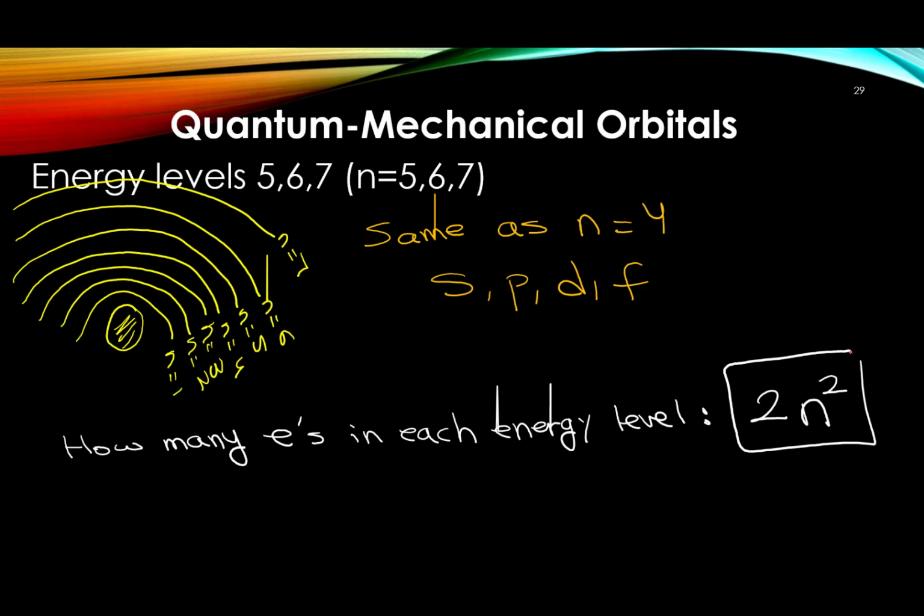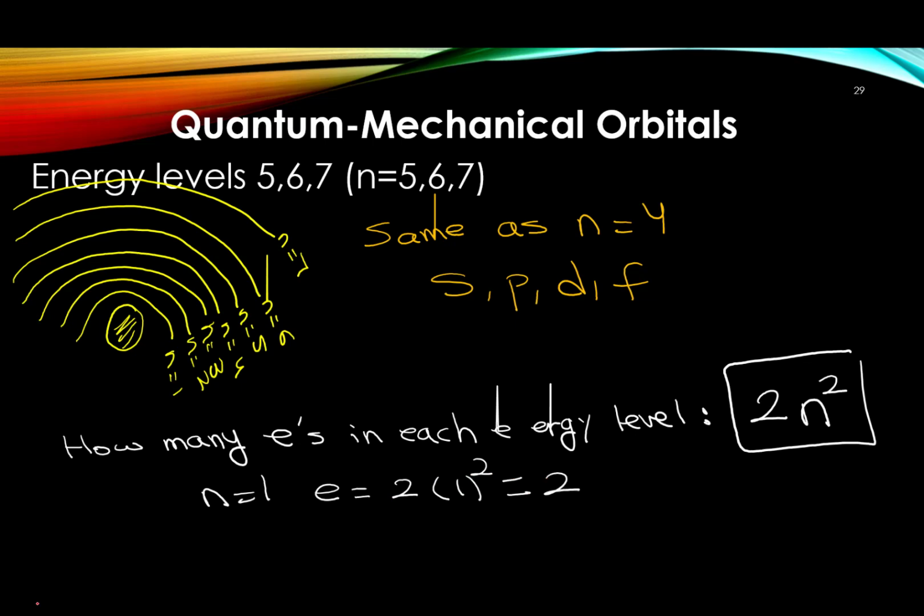For example, if it was energy level 1, it would be 2 times 1 to the power of 2, which is 2. Okay, then if n is 1, the electrons would be 2 times 1 to the power of 2, right? Which is 2.